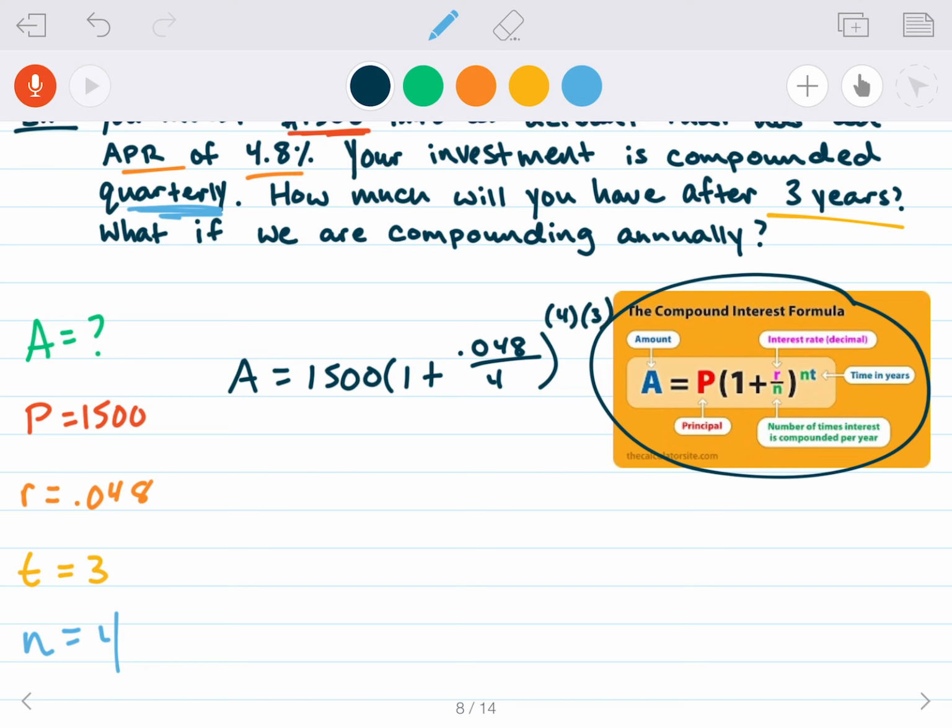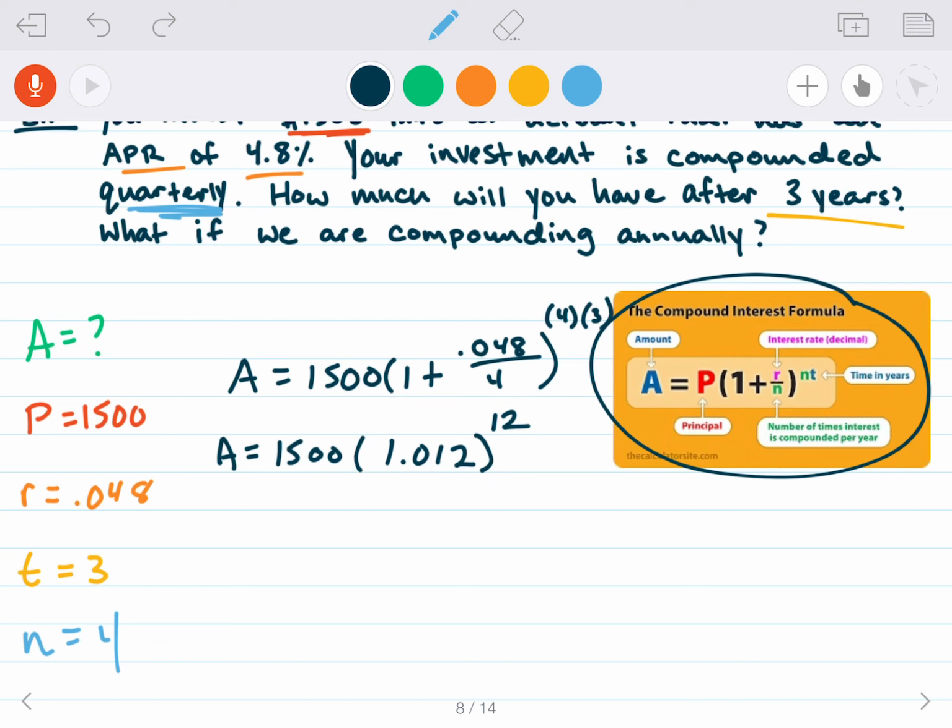We can simplify this, and you can use the calculator on Desmos. Just make sure you put the appropriate amount of parentheses. Cleaning up the inside, 0.048 divided by 4 plus 1 gives 1.012, all raised to the 4 times 3, which is 12. PEMDAS says you better do this part first before you multiply.